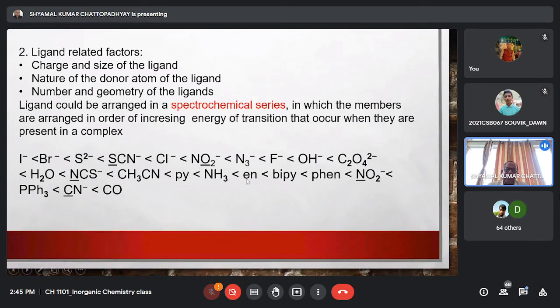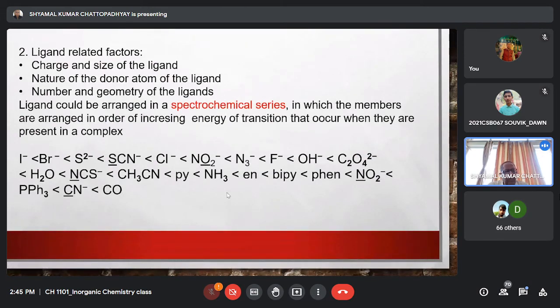So again you find the same ligand, but nitrite can coordinate both through the oxygen atom as well as the nitrogen atom. It is found that N-bonded nitrite has a much higher crystal field than O-bonded nitrite, right?